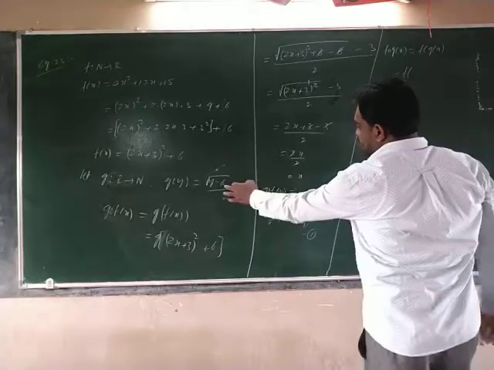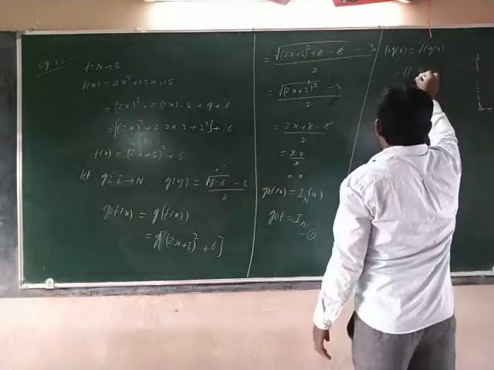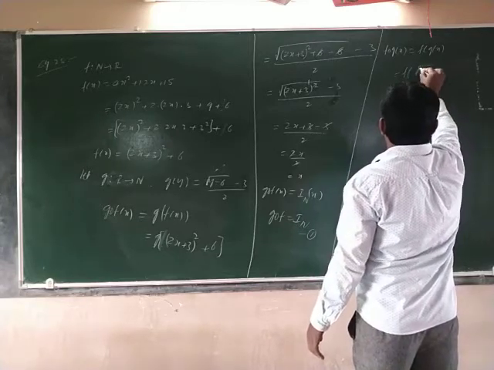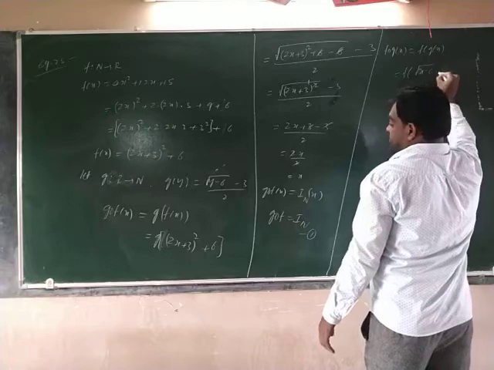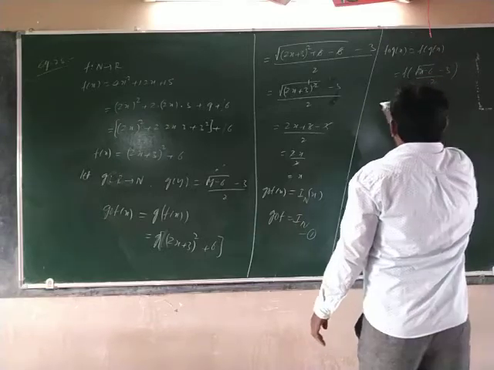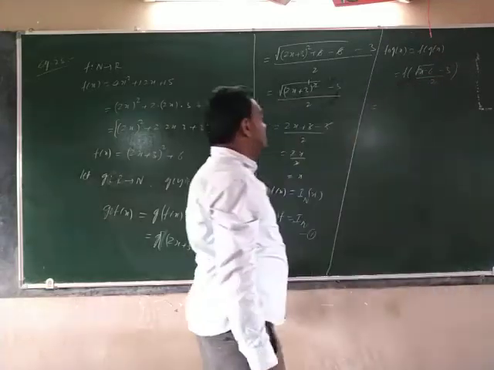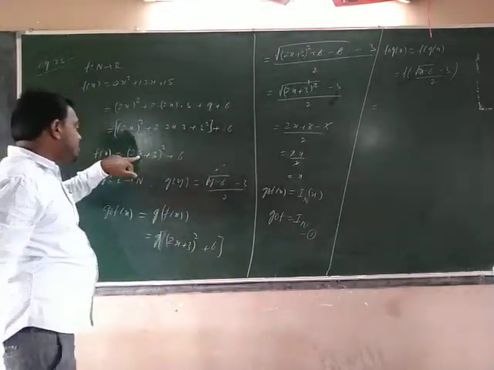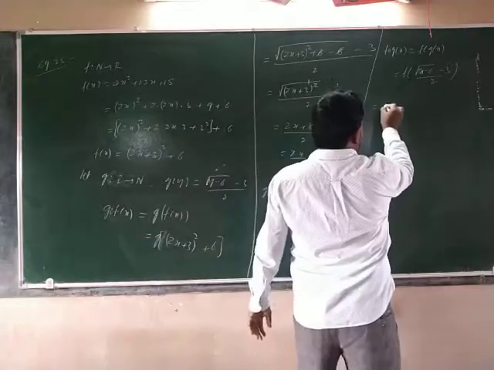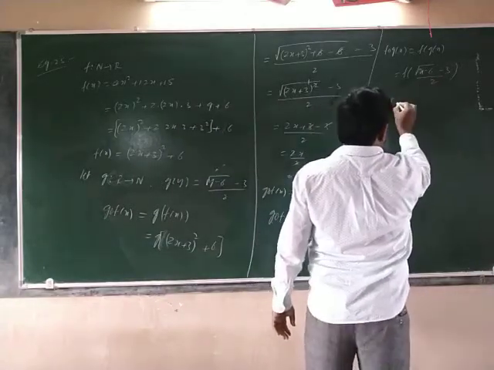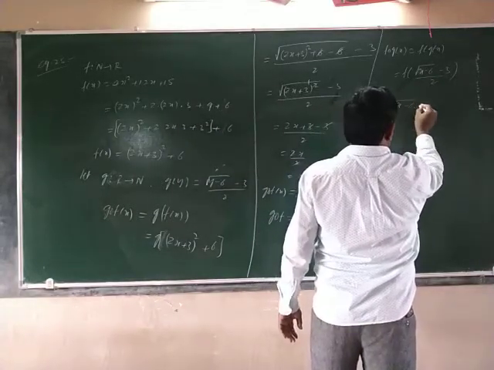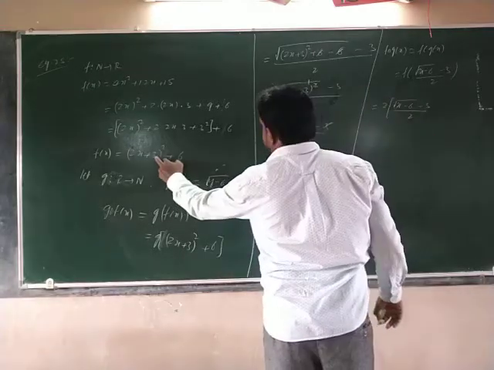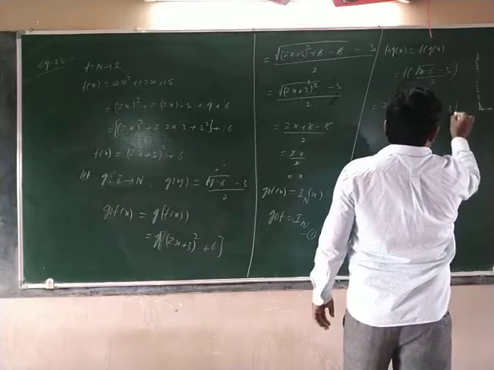What is the g of x? This one. That means square root of x minus 6 minus 3 by 2. Now this is f of, in place of x we have to substitute that. So 2 into, in place of x we are substituting this one, square root of x minus 6 minus 3 by 2. Next plus 3 is there, plus 3 whole square.